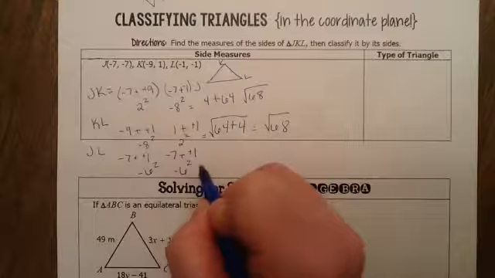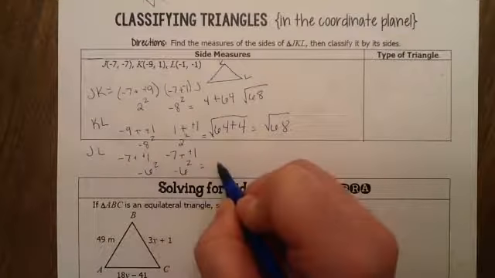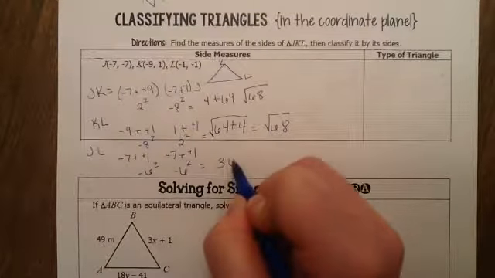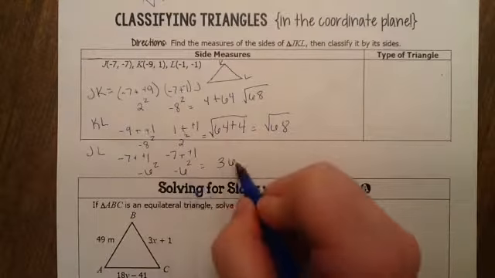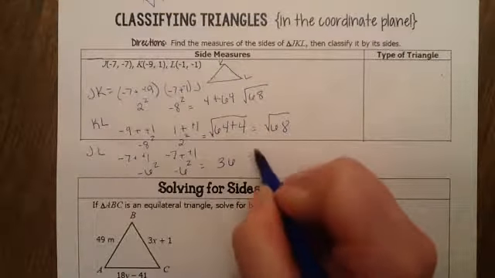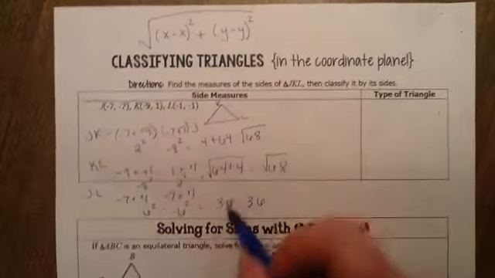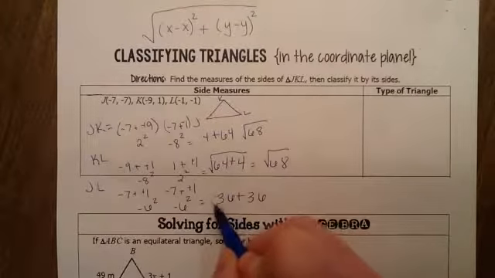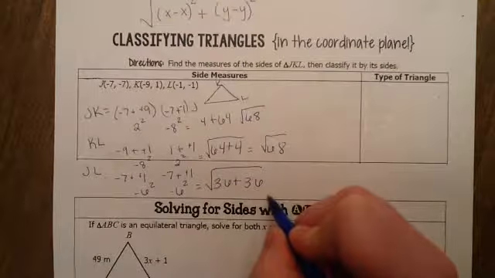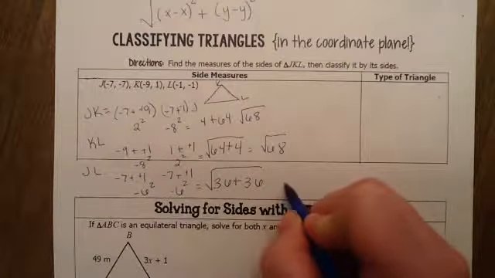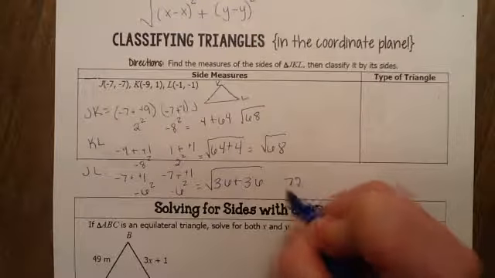Square them. -6 times -6, 36. -6 times -6, 36. What comes next? Add them. Square root. 36 plus 36, 72.